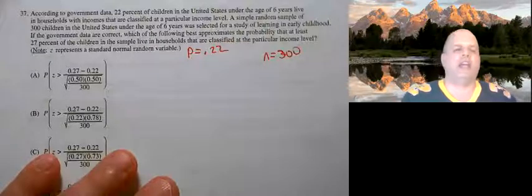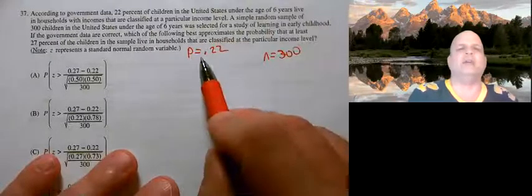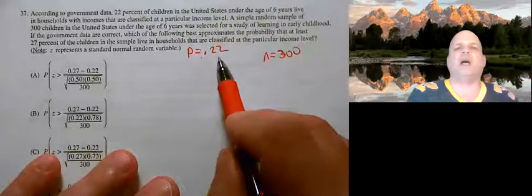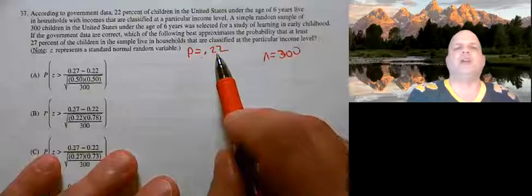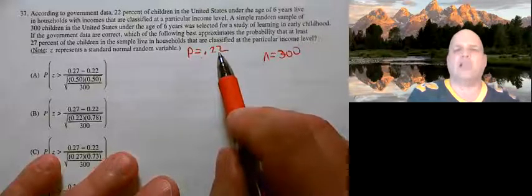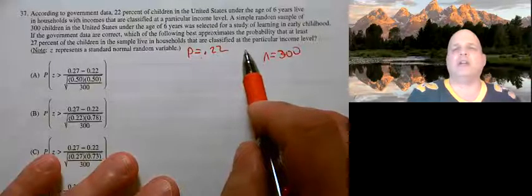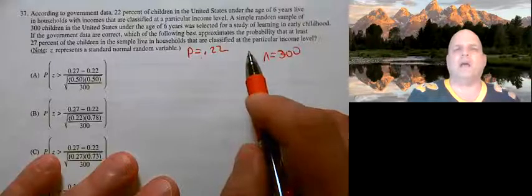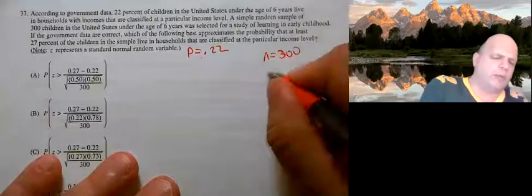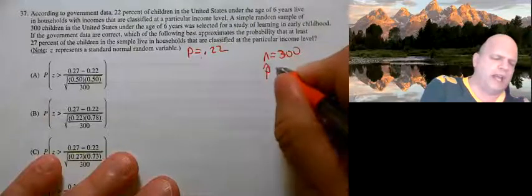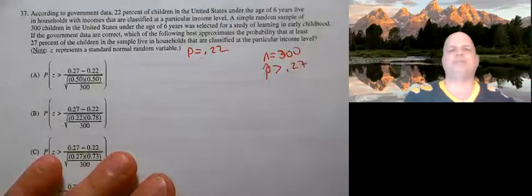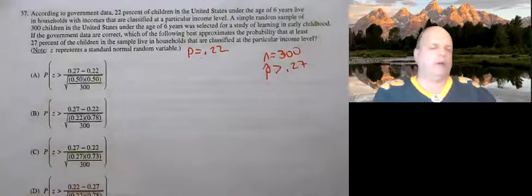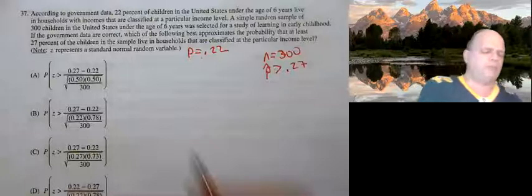If the government data is correct, so if this is correct, which of the following best describes the probability that at least 27% of the children in the sample live in households that are classified at the particular income level? All right. So we want to know what's the probability that we get a p hat of greater than or equal to 0.27.